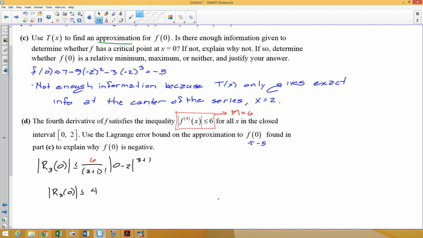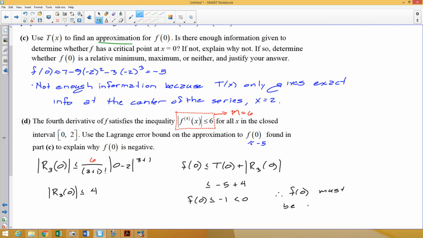The way I would write this mathematically is f of 0 must be less than or equal to my Taylor approximation plus my maximum error, R sub 3 of 0. So if I take my approximation, which was negative 5, and I add the largest error I could have, I get f of 0 must be less than or equal to negative 1, which is negative, right? Which is less than 0. Therefore, f of 0 must be negative.